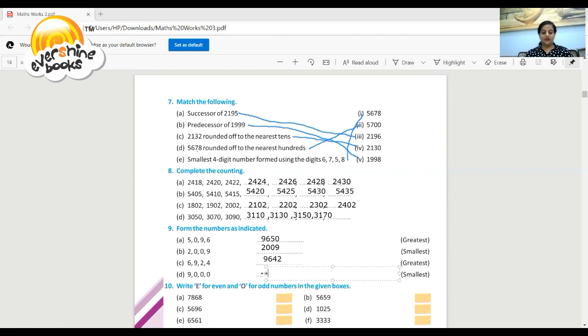The smallest number will be a 4-digit number, so we are going to make it 9000 only. 9000 is the smallest number. If we put 0 in front, it becomes a 1-digit number. So we will put 9000 to make it the 4-digit smallest number.